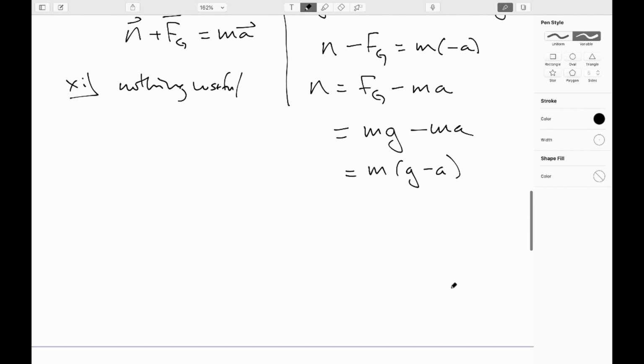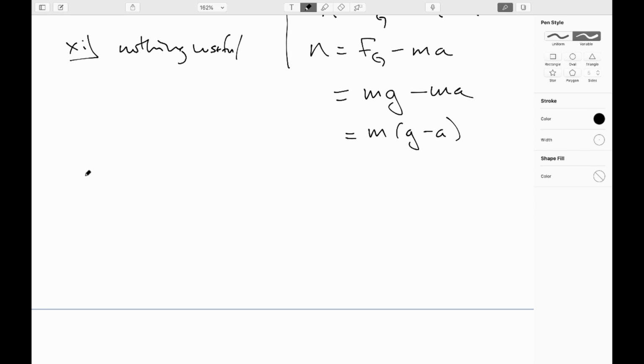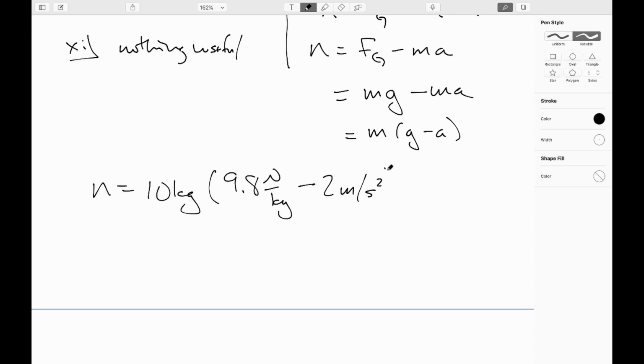So we're left with m times g minus a. So my normal force will be equal to, my mass we said was 10 kilograms, times 9.8 newtons per kilogram for the gravitational field strength, minus 2 meters per second squared.